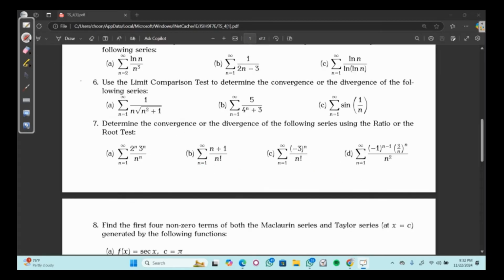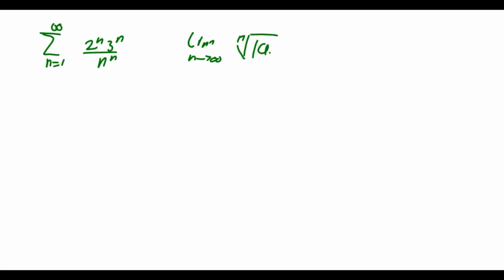So example question 7a, I'm going to apply the root test. So you have n equals 1 to infinity of 2 to the n multiplied by 3 to the n divided by n to the n. So what happens here is that for the root test, this can be expressed as the limit as n approaches infinity of the nth root of the absolute value of a sub n.